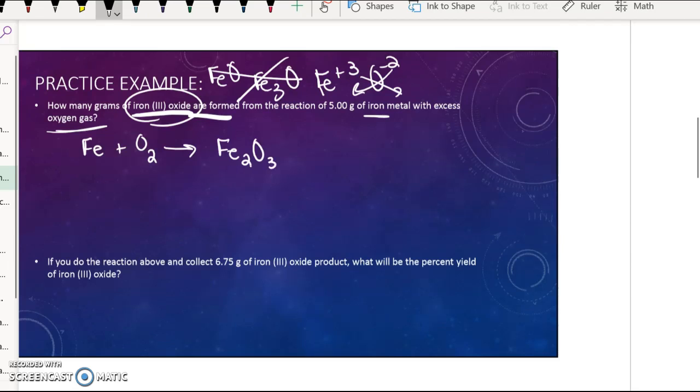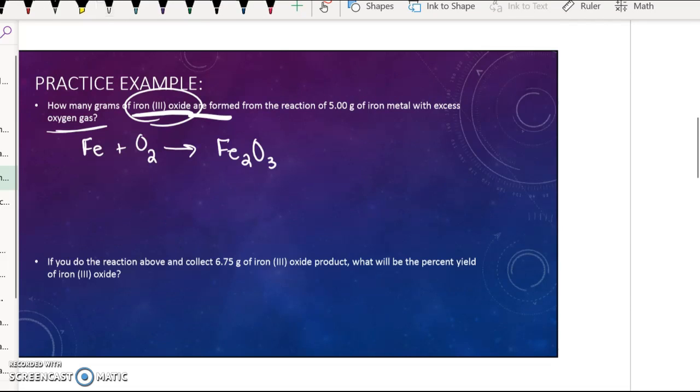So now looking at this equation, it is not balanced. So we need to balance it and put in some coefficients. I see that I have 2 Fe, so I want 2 Fe. You can do the scoreboard as well. Then I have oxygen that comes in 2s on this side and oxygen that comes in 3s on that side, right? So the common multiple of those is 6.